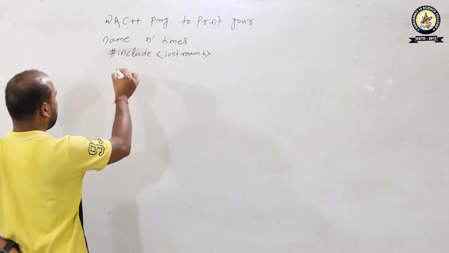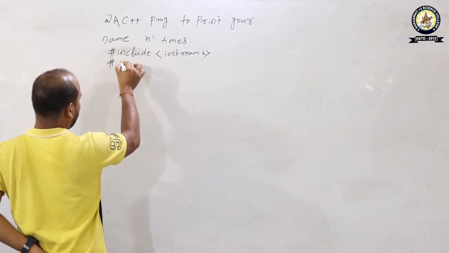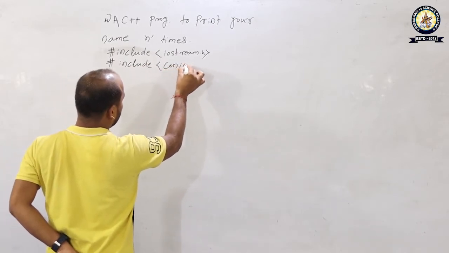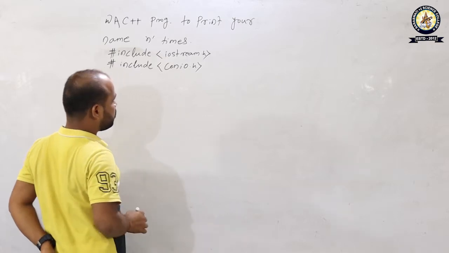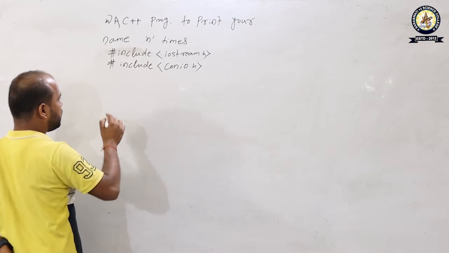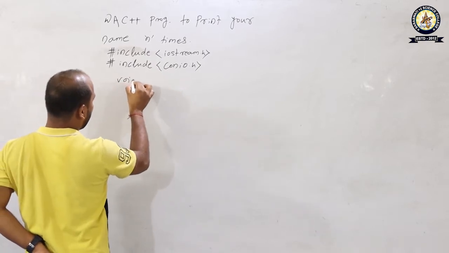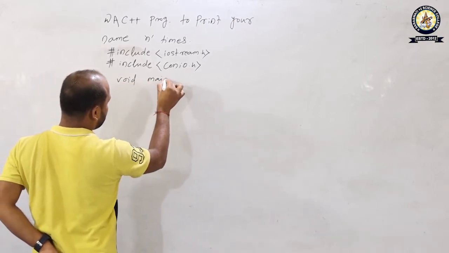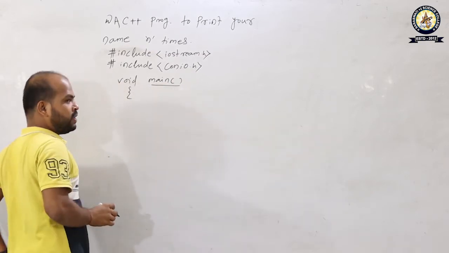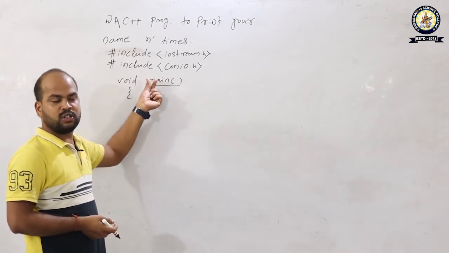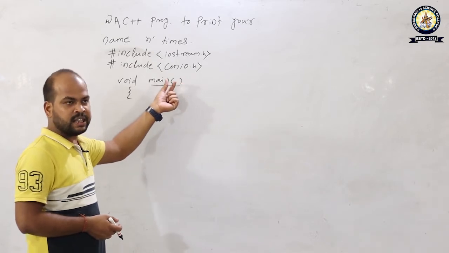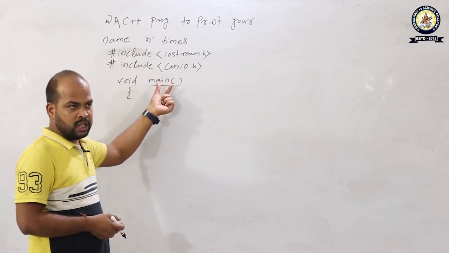Okay, then after that I want to declare another header file, that is conio.h. So first I declared two header files. Then after that you have to write the main function. Here this is known as the main function. Any word, but not a keyword, if the right side has parentheses, that is known as a function.